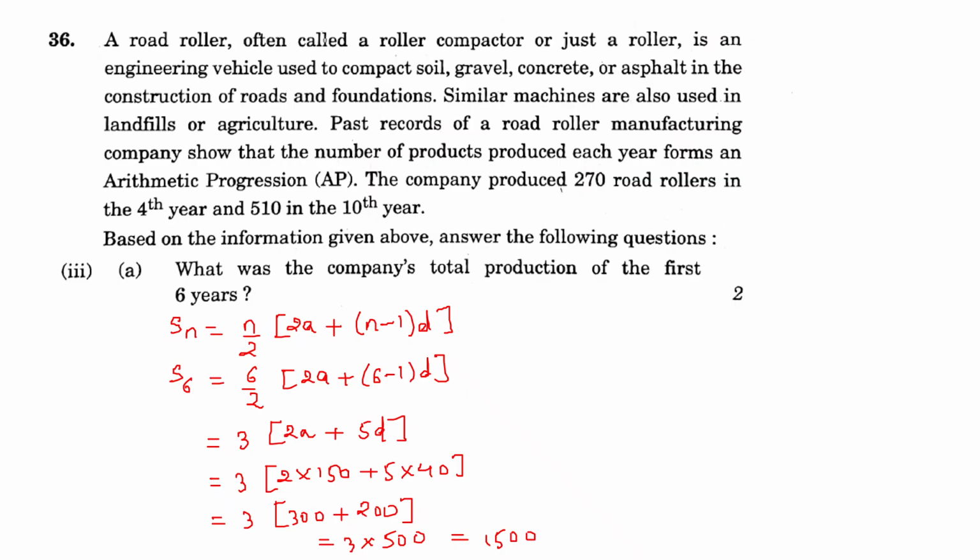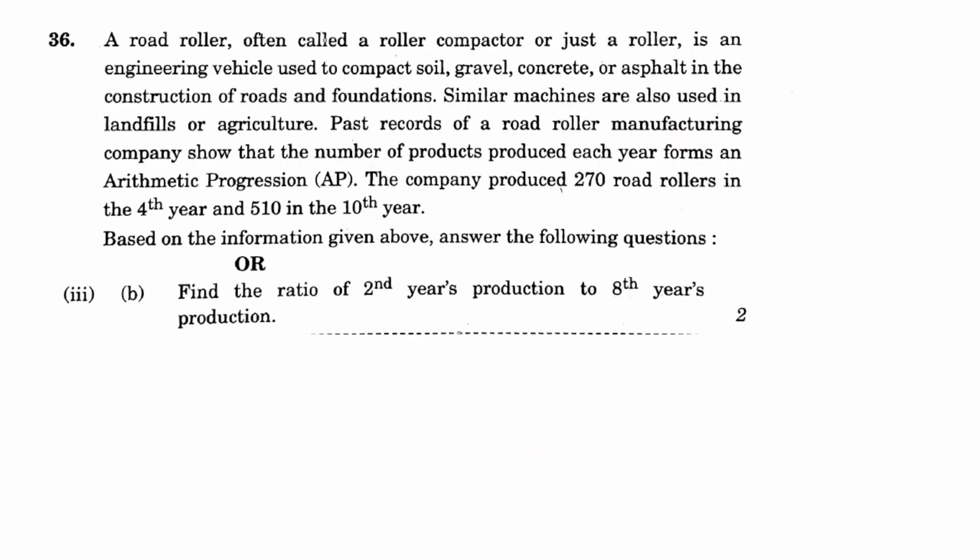Now the last part is, find the ratio of second year's production to the 8th year's production. Here you have to find the ratio of A2 by A8. Your A2 means second term, A plus D. A8 means 8th term, A plus 7D. Your A is 150, D is 40, so A plus D by A plus 7D.